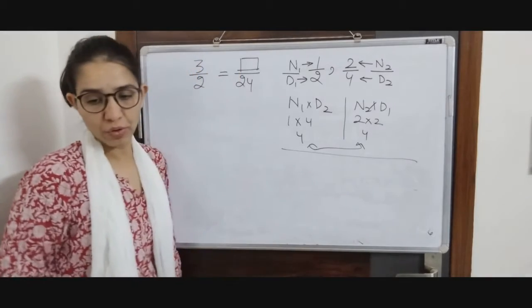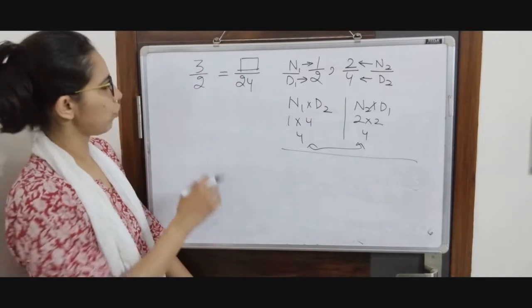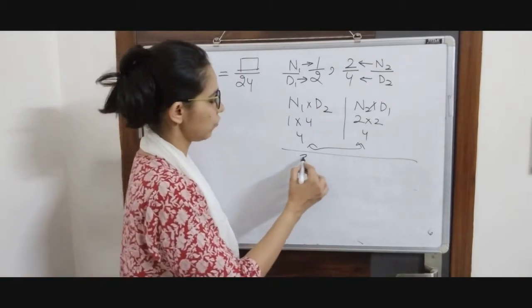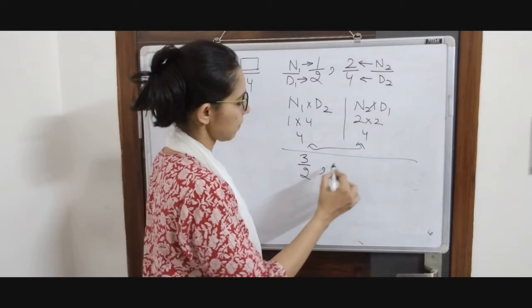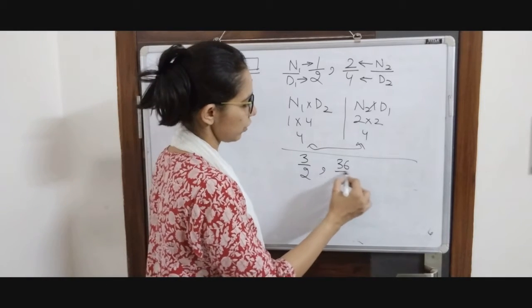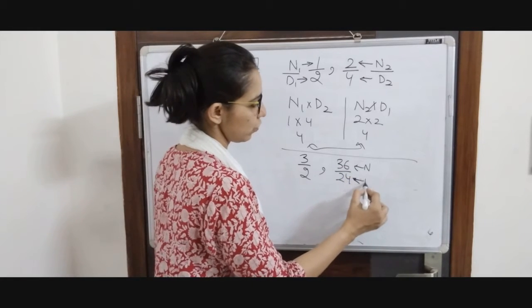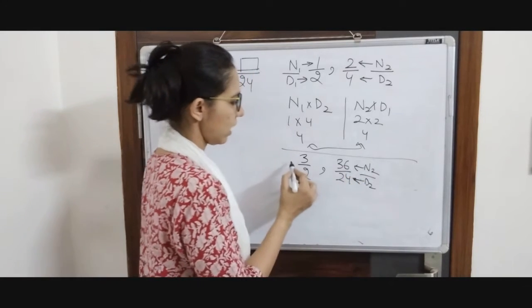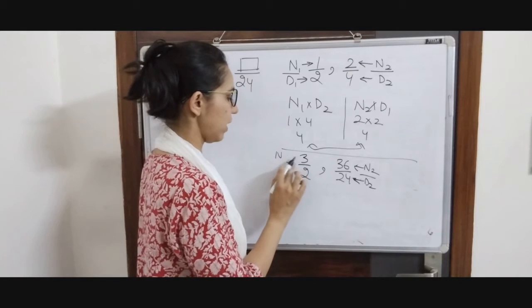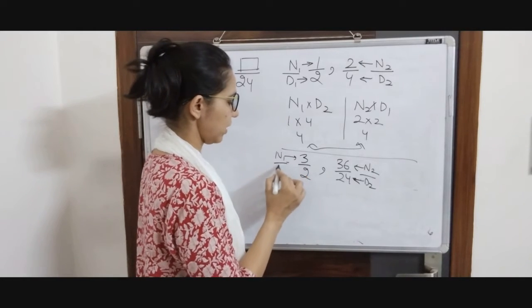You just found out, a minute before, that 3 by 2 and 36 by 24 were equivalent fractions. So suppose this is N2 by D2, and this is N1 by D1.